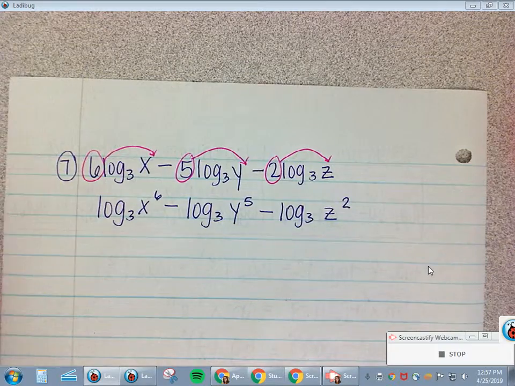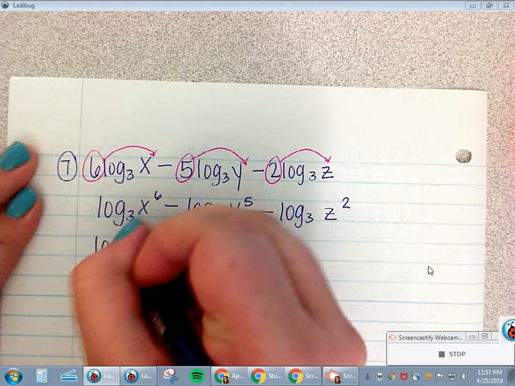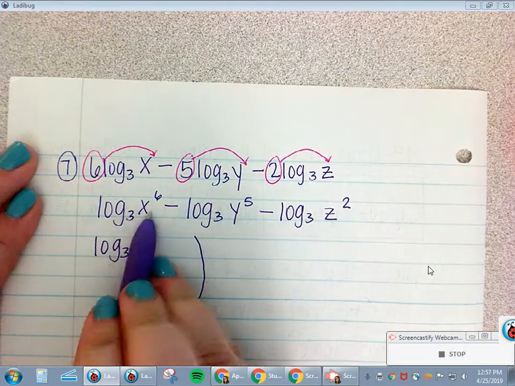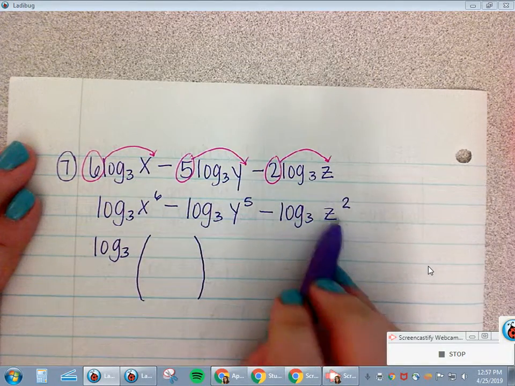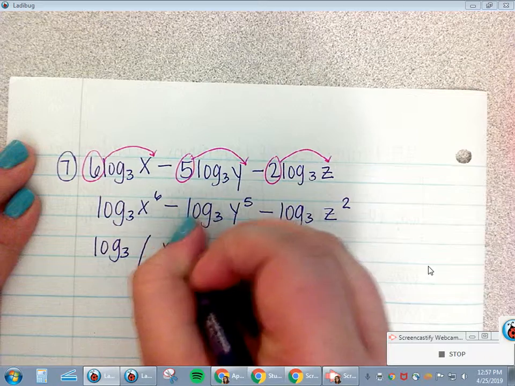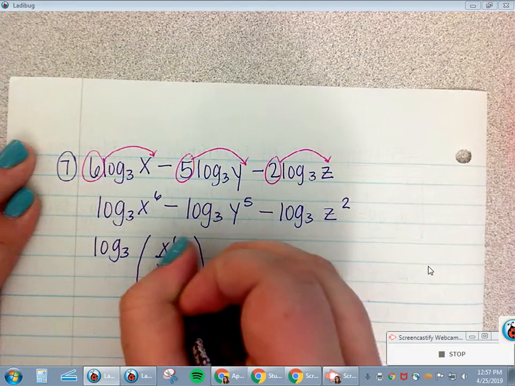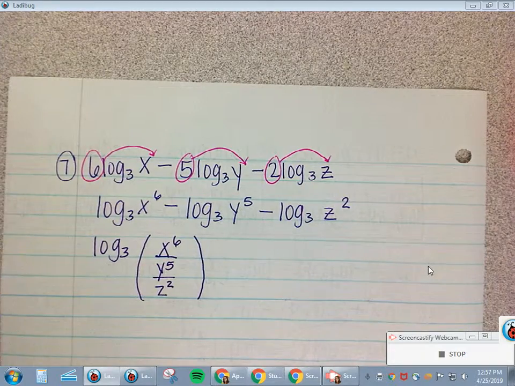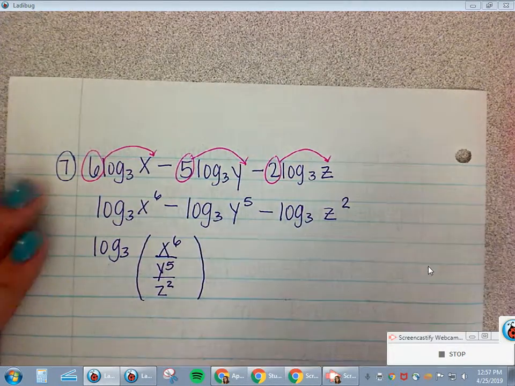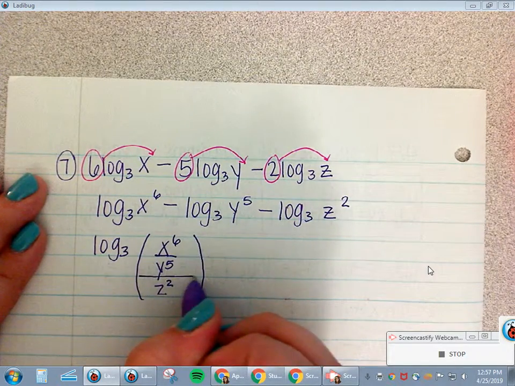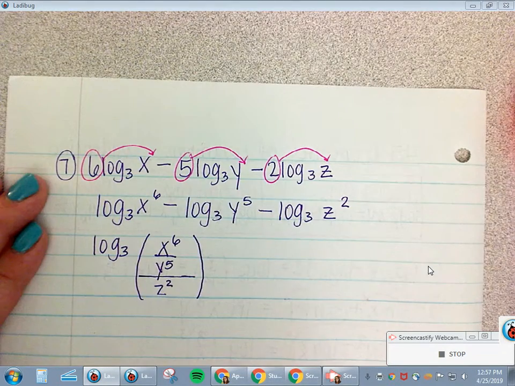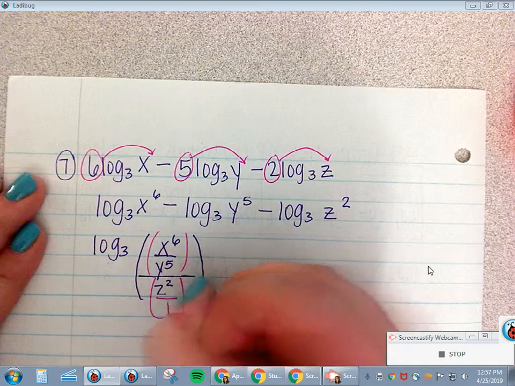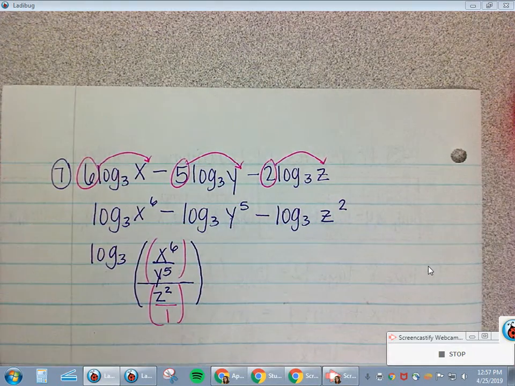And now we want to do something that's going to look really strange, but I'm just going to go for it for a minute. x to the 6th over y to the 5th over z to the 2nd. That looks horrible right now, but here's what we can notice: I can extend this fraction bar for a minute and think of it as this fraction divided by this fraction with a 1 under it.